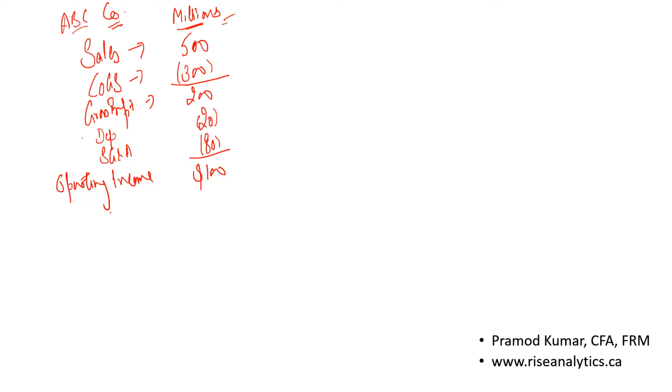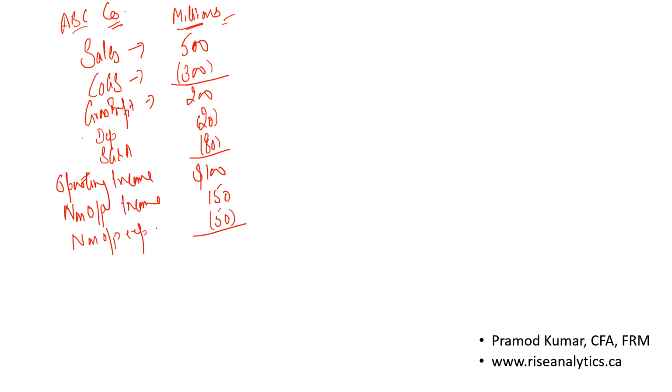Because this is in millions. Now let's say we have some non-operating income as well, which is $150. And then a non-operating expense, let's say $50, just to highlight something.